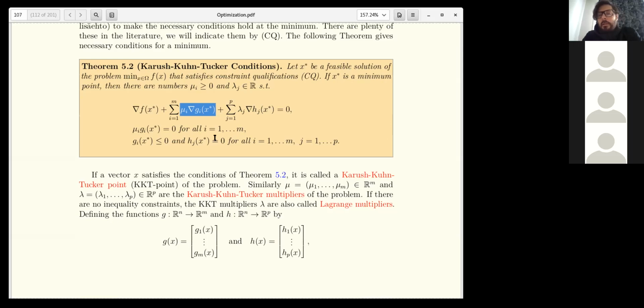We'll see some examples in the exercises next week on pure Lagrangian methods. So if you are familiar with the Lagrange methods, then finding the KKT conditions points amounts to solving the Lagrangian when we have no inequality constraints.